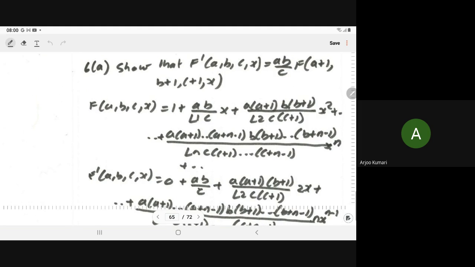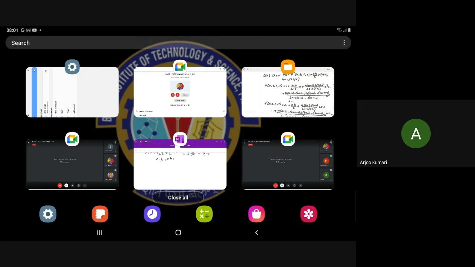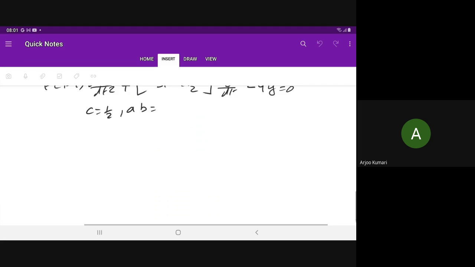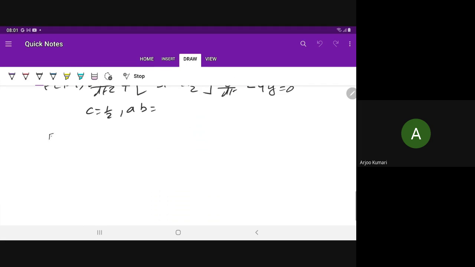So that F dash of a, b, c, x is equal to ab upon c times F of a plus 1, b plus 1, c plus 1, and x. So we know the meaning of F of a, b, c, x.